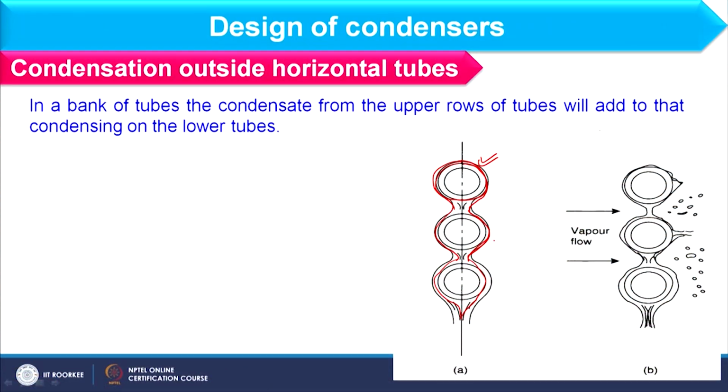Therefore, if we move downward in the bundle, the heat transfer coefficient of condensation will keep on decreasing as I have a thicker and thicker film, which gives more and more resistance. So, whatever heat transfer coefficient we have considered over a single tube will not be applicable unless I consider a correction factor.